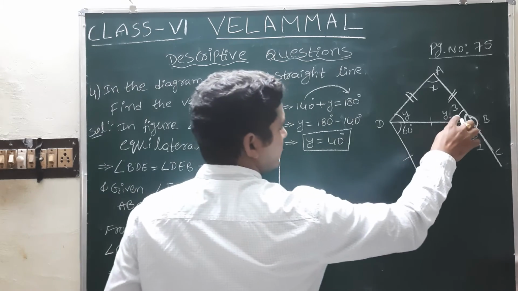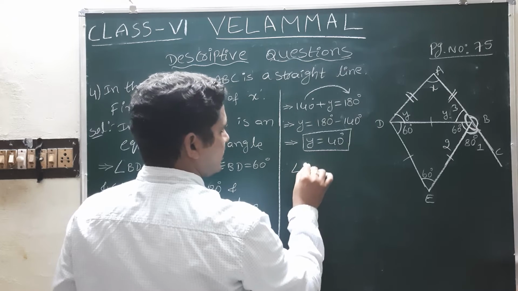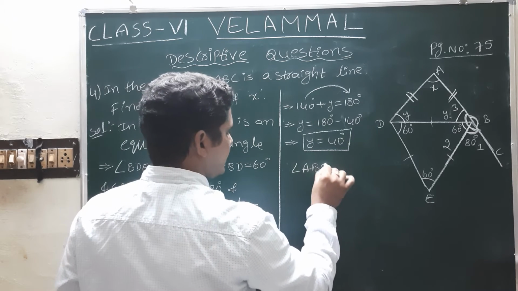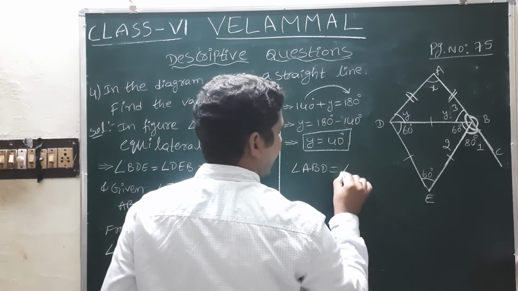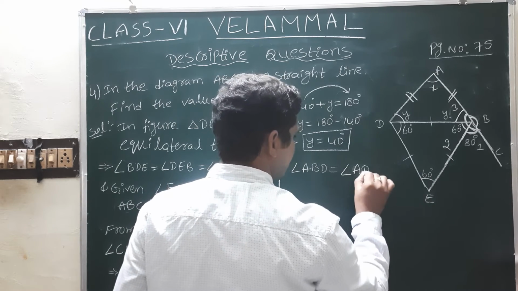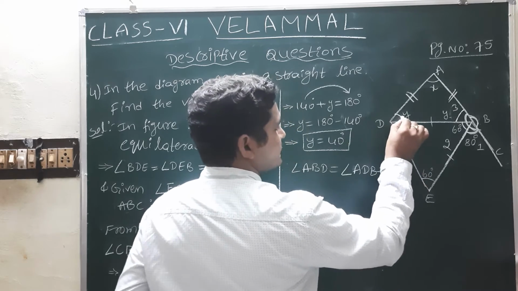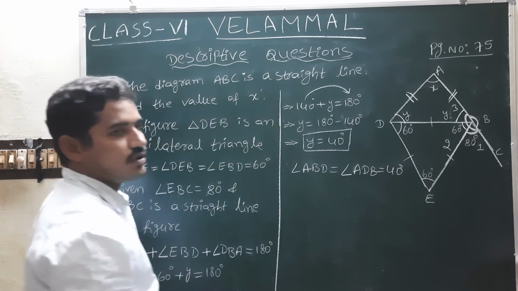So this value we got. Therefore angle ABD is equal to angle ADB is equal to 40 degrees. So this angle has 40, this angle also 40 we got.